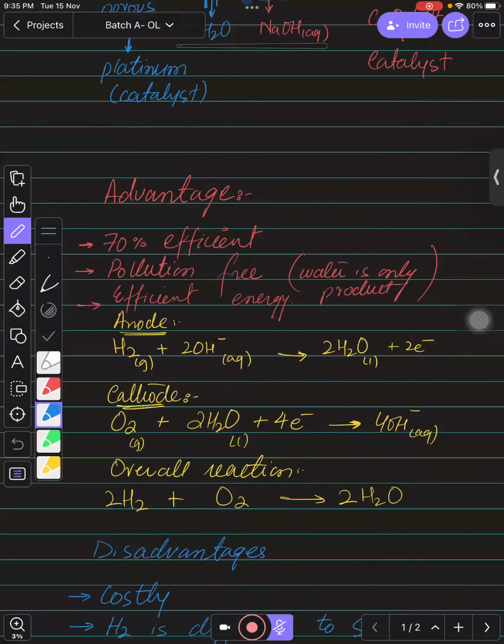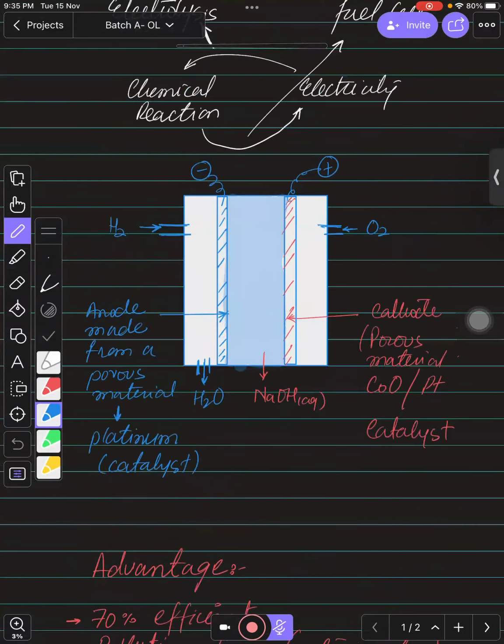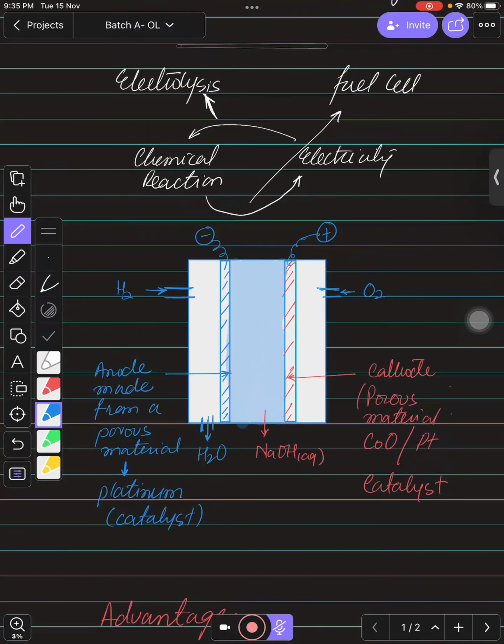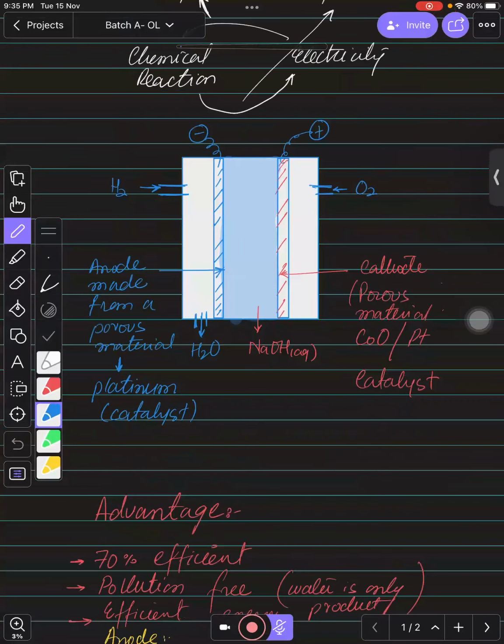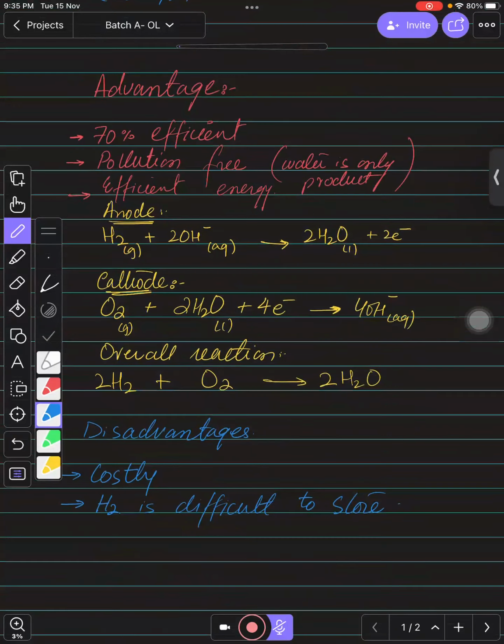Sir, there are also very few fueling stations for hydrogen for the motors that use hydrogen as a fuel. Yes, the same reason. Due to the storage problem, not everyone is capable enough to store the gas, right? So that is one of the disadvantages of this. We cannot store this well, right, bachcho?